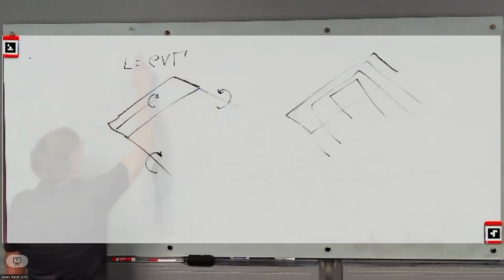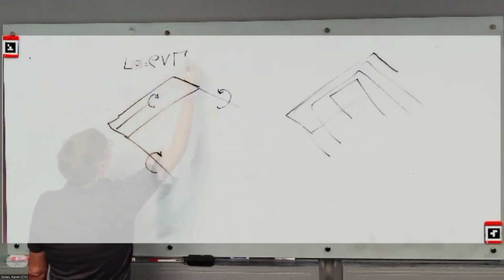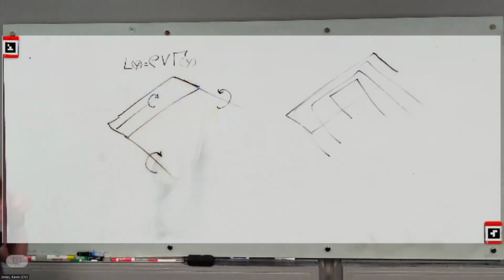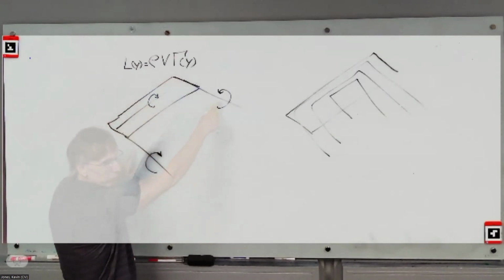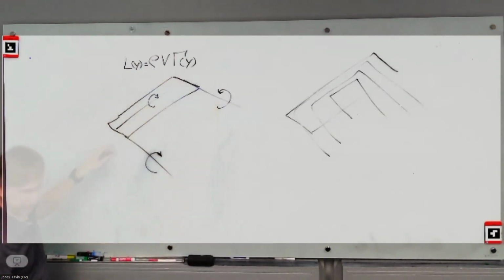This can be lift of y. So if lift of y is a constant, then gamma of y has to be constant, which means there can only be 2 vortices here. But we know that can't actually work because that would have huge pressure jump top to bottom over no space at all. Nature won't let that occur.